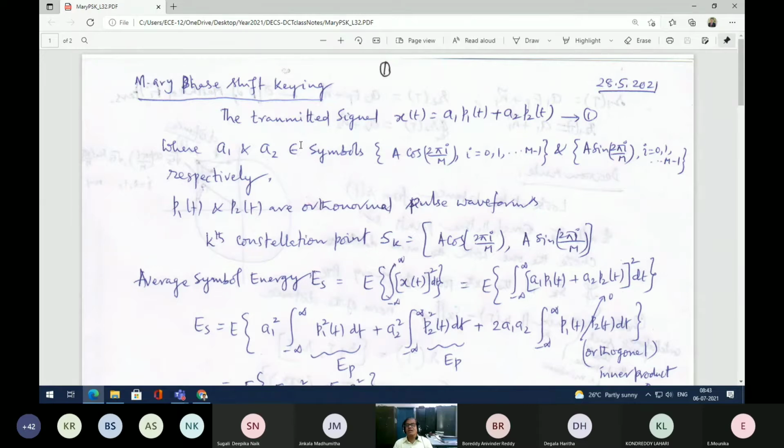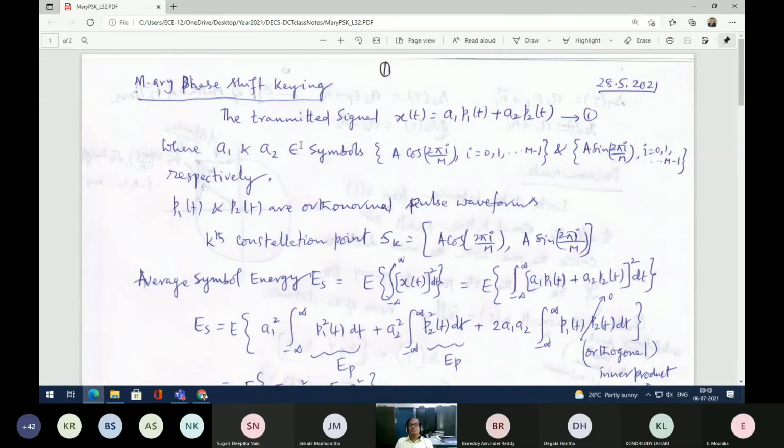We were taking A1, A2 as the bits in QPSK, but here they become symbols. A1, A2 are symbols, and p1(t), p2(t) are orthonormal basis functions.